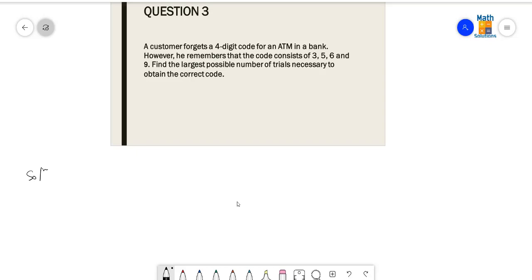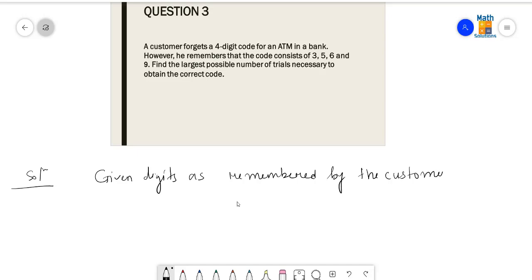What can we write? Given digits as remembered by the customer, just write R = {3, 5, 6, 9}.